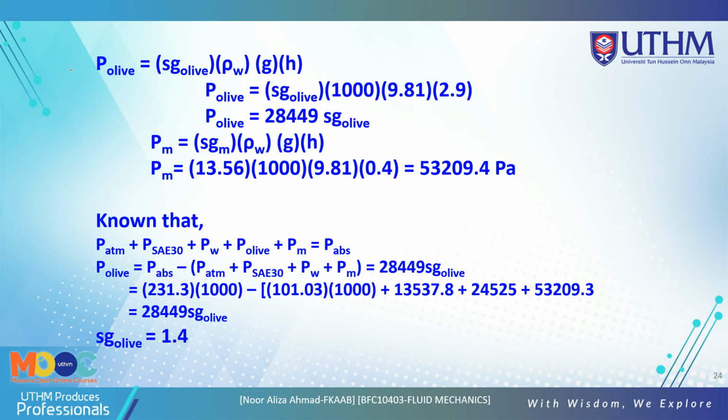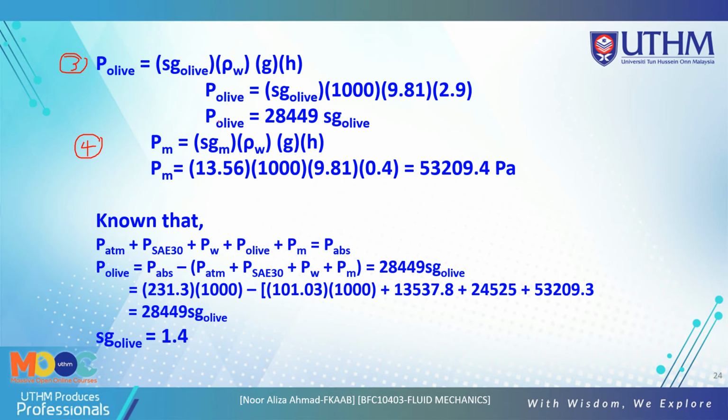Now step 3, you must calculate for the olive oil, and step 4 for the mercury. For olive, SG of olive times the density of water times g times h. We don't know the SG of olive, so just put the density of water, 9.81 and 2.9.